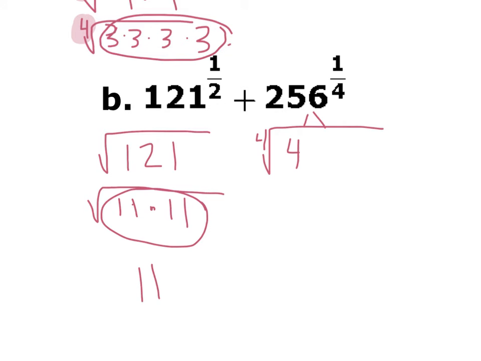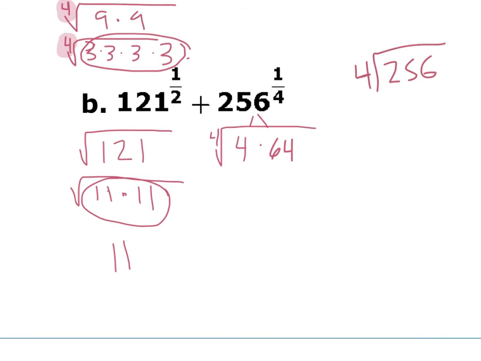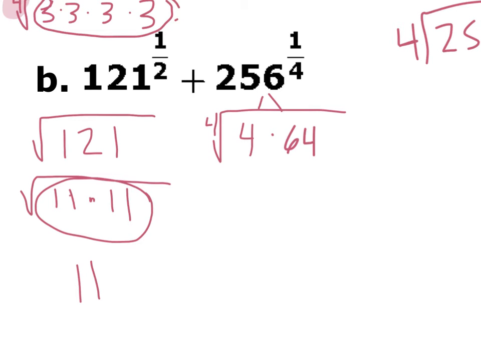You gotta come up with another one. Something with the 4. 64. Perfect. You can just divide 256 by 4 and do it that way. So we have 4 times 64.